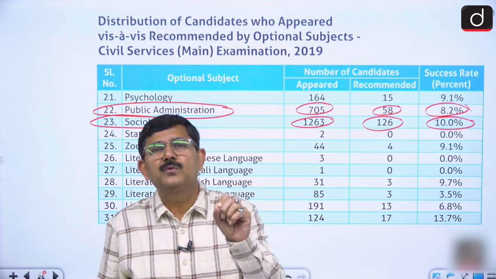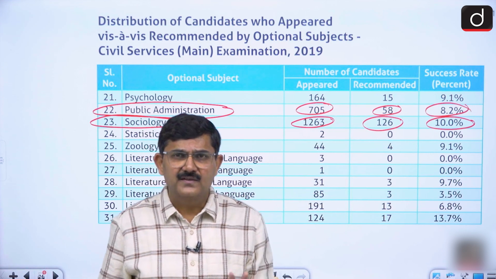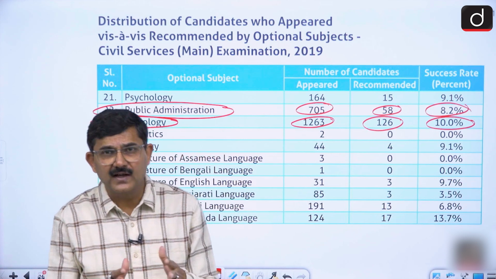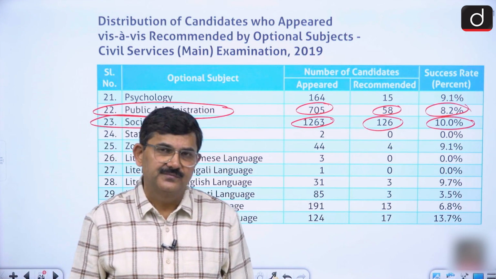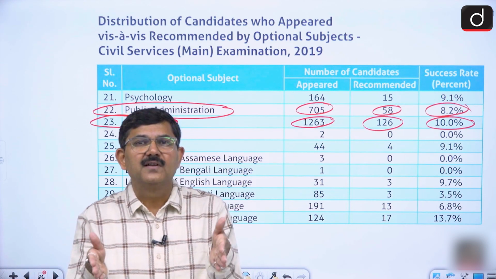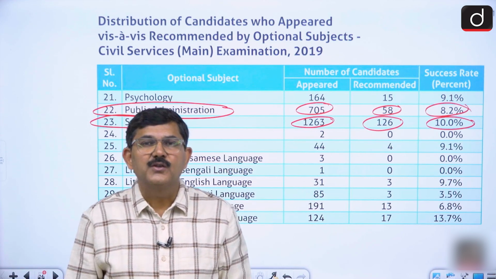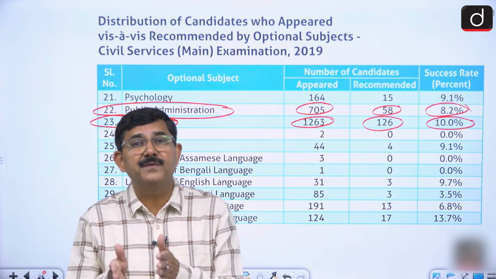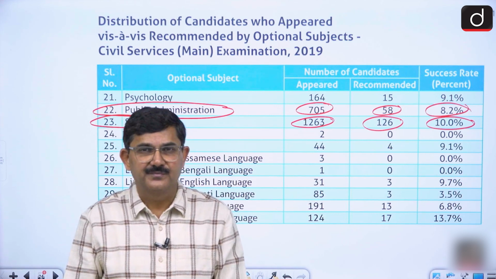But let me give you 2 facts provided by UPSC only, that more than 85% of selected candidates opted for humanities subjects. More than 85% selected. Suppose 1000 candidates got selected in a year. It means that out of them 85%, that is 850 candidates, opted for humanities as their optional subject.